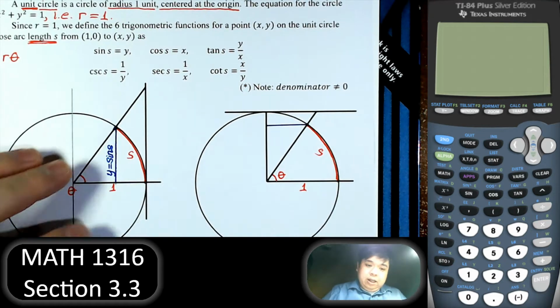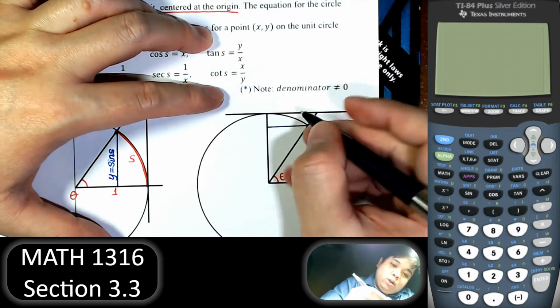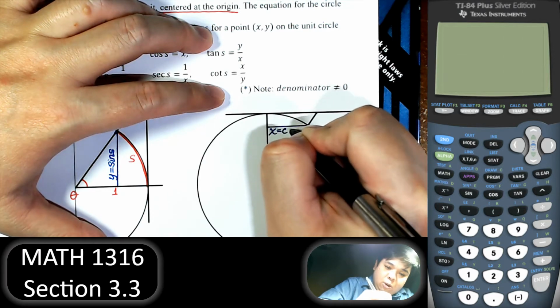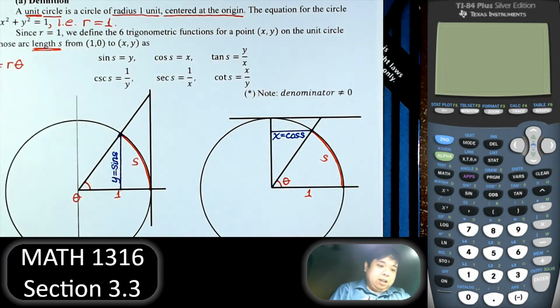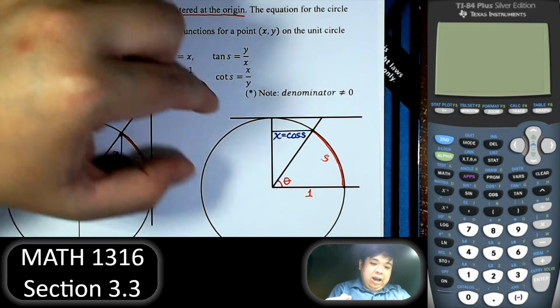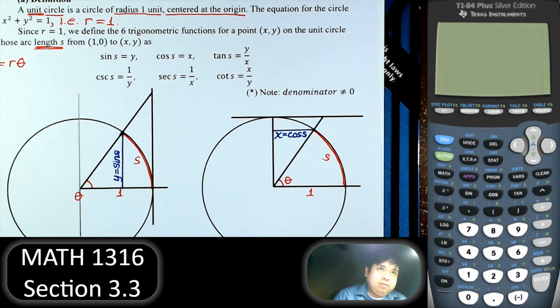In that case, this is the x value, which is cosine of s. So the y value is sine, the x value is cosine. How do we define the rest?